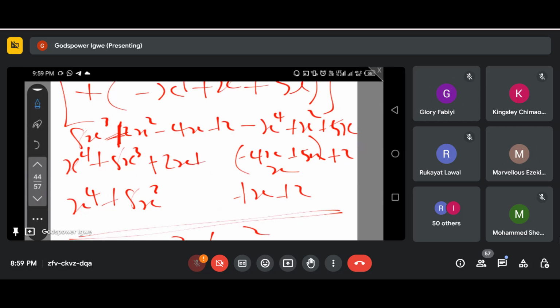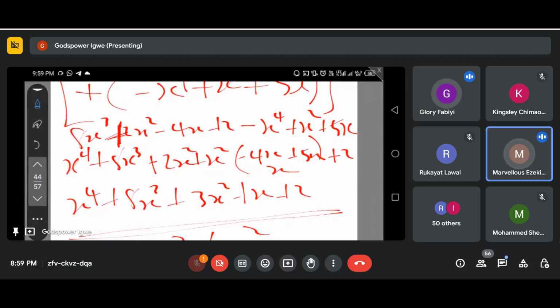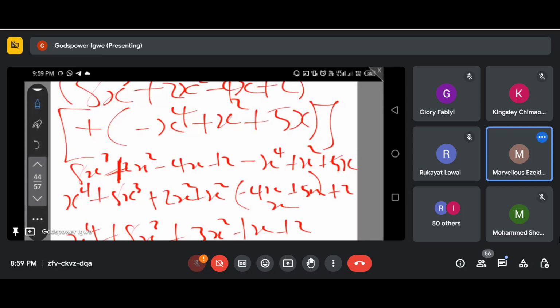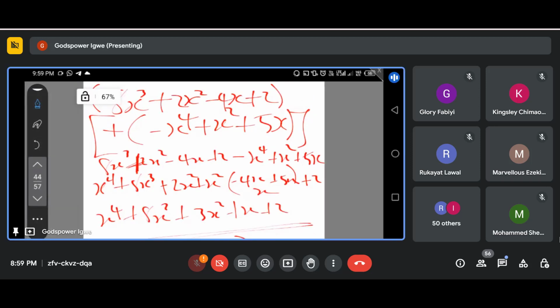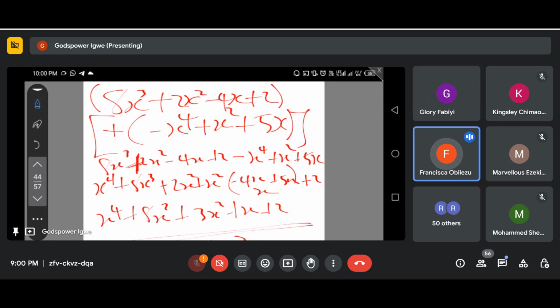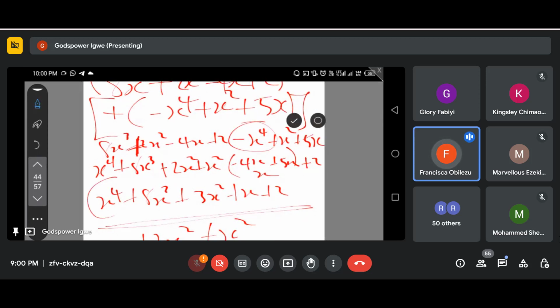Yes, there should be a minus, minus x raised to power 4, as in the beginning of the equation. The final answer should have minus x raised to power 4 instead of just x raised to power 4. Yes, because looking from that equation.